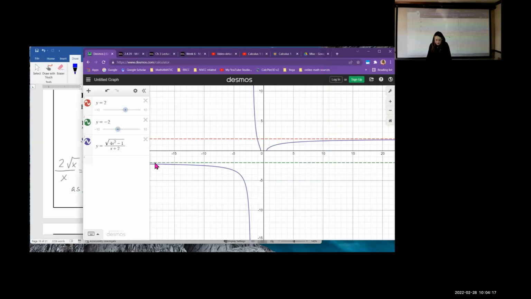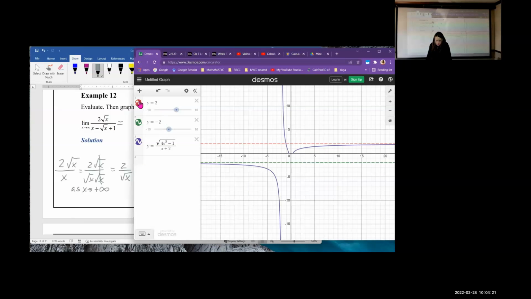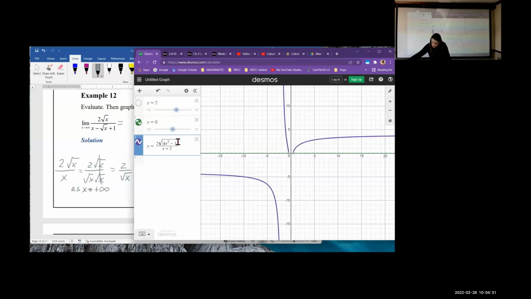So let's graph this one so that you can see it. So I'm going to turn that graph off and we'll make this one go to 0. And we have 2 square root of x over x.